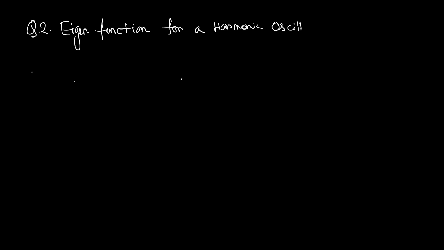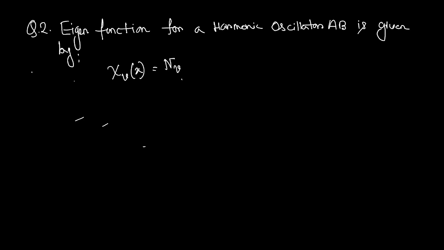With this, let's look at the second question. The eigenfunction for a harmonic oscillator AB is given by chi v of x equals N v times the exponential of x.